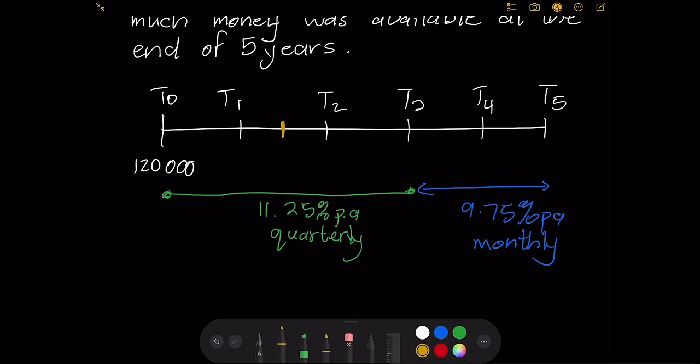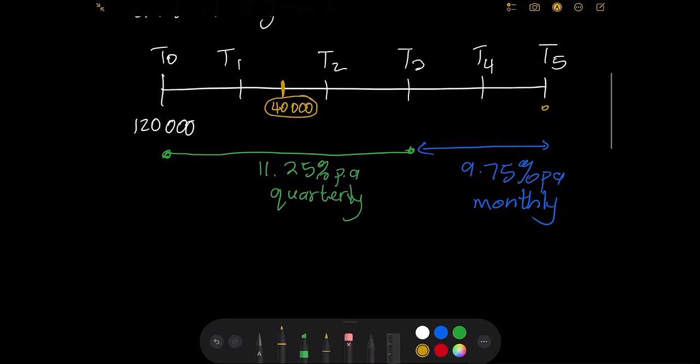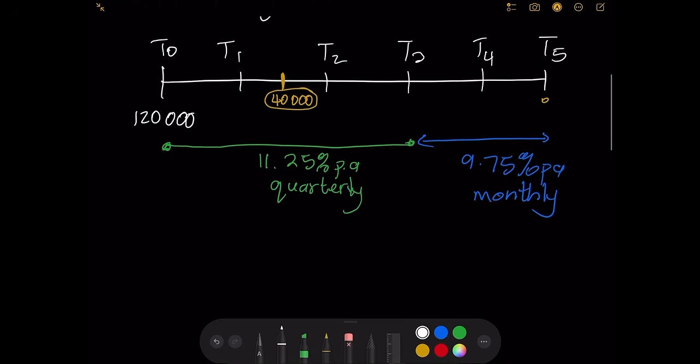So that would be here of 40,000. Okay. And in this case, remember that the withdrawn amount would also have accumulated interest until this point here, right? So we're going to deal with that separately. Now, first of all, let's start with the 120,000 rands. Let me tell you what I'm going to do.